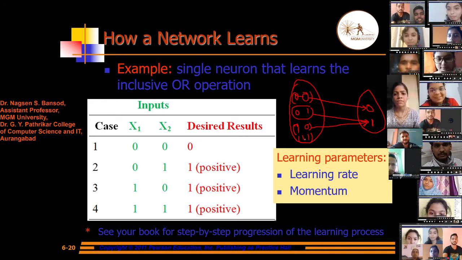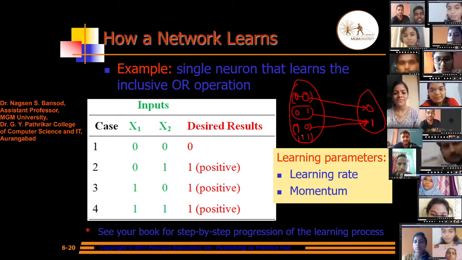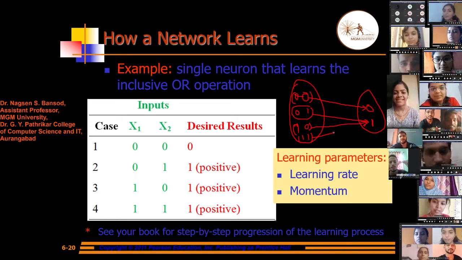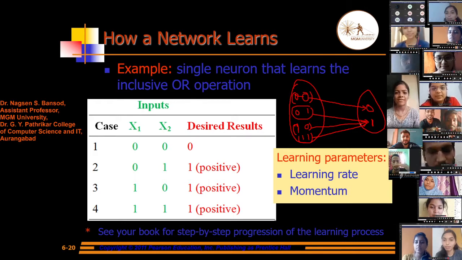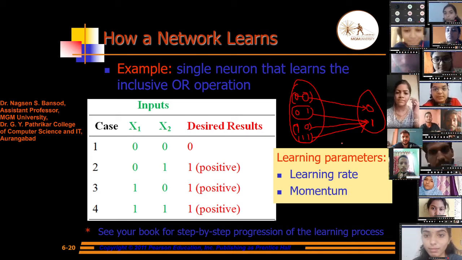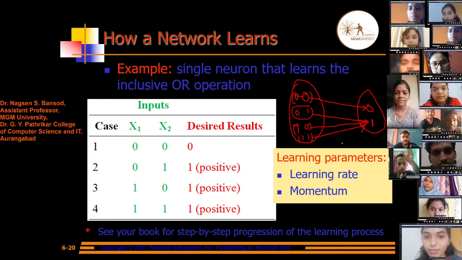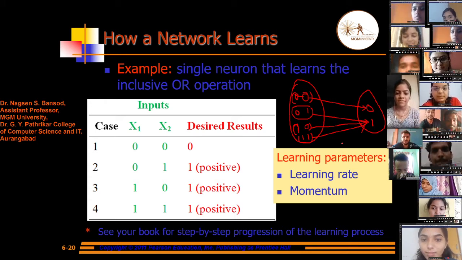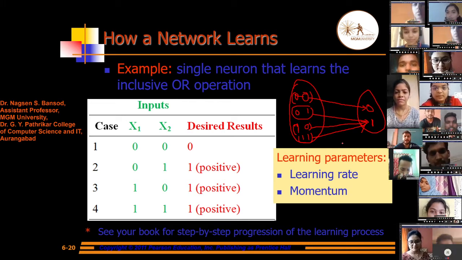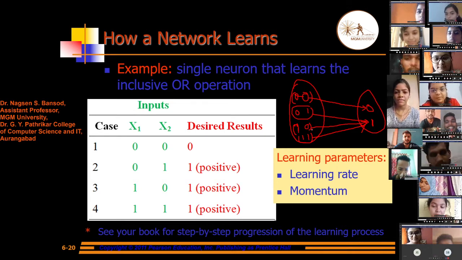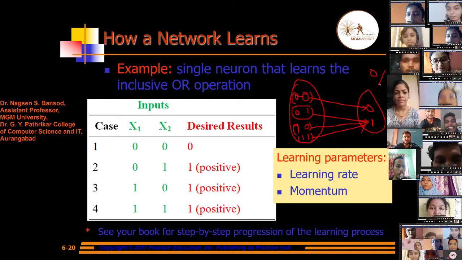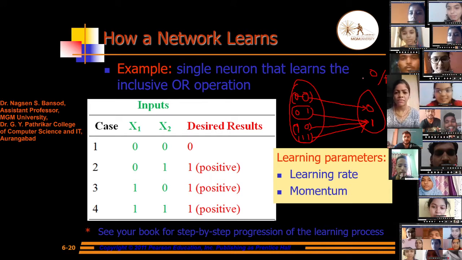If we provide both x1 and x2 positive values, we will get the positive output. When both inputs are negative, we get the negative output. When one of them is positive, we get a positive output.